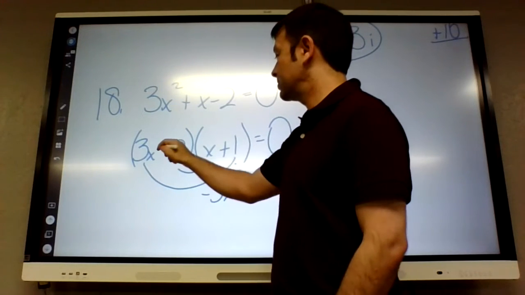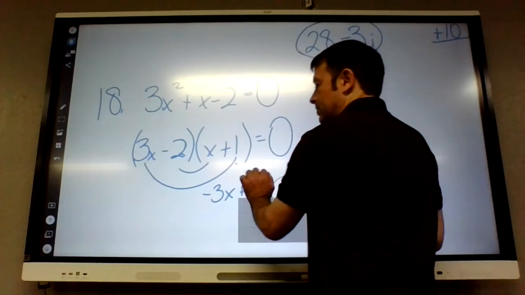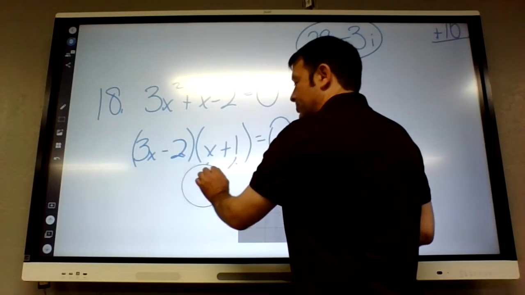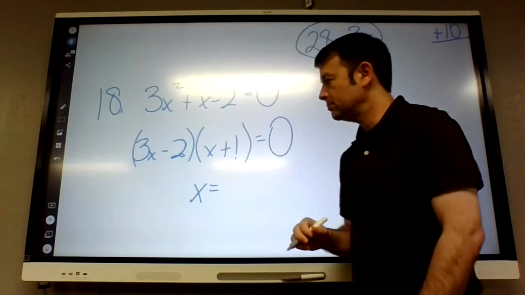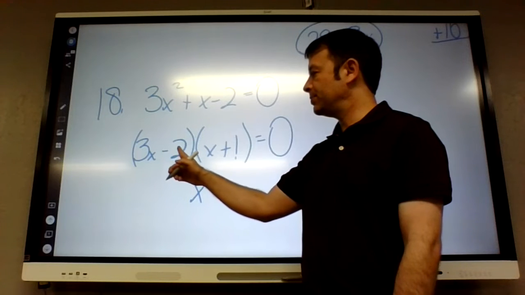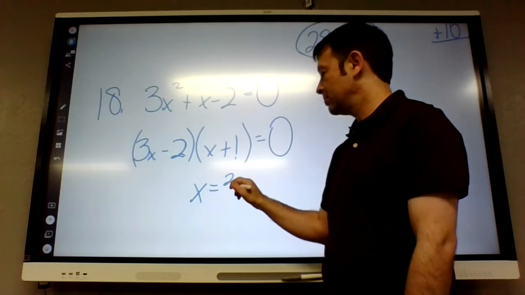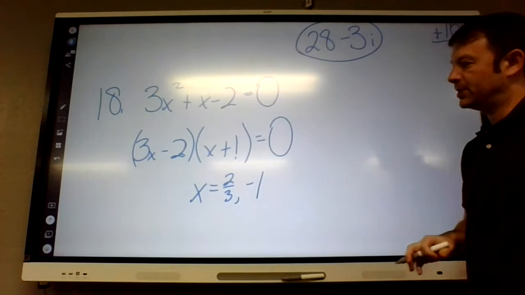So I need to switch them. Okay, you guys remember after you factor these, how do you find x? The second number is put over the first number. Positive 2/3, or negative 1. Those are the x values that make that equal 0.